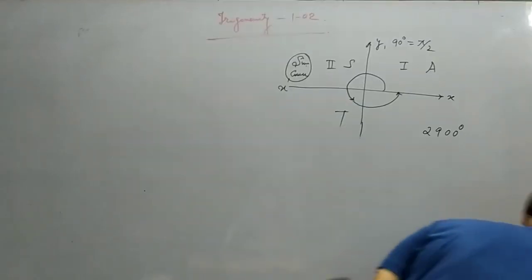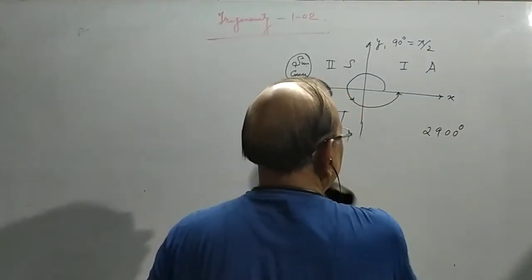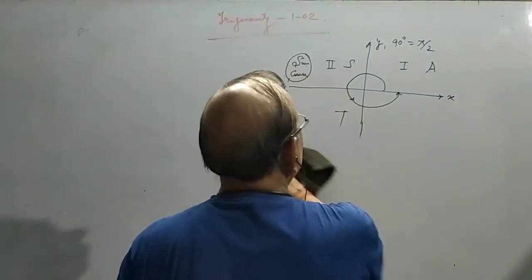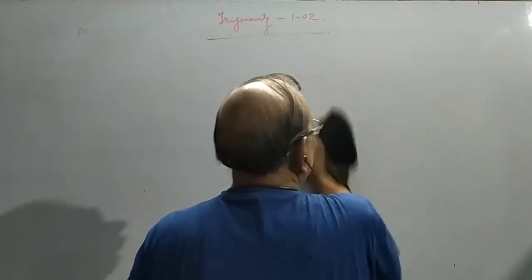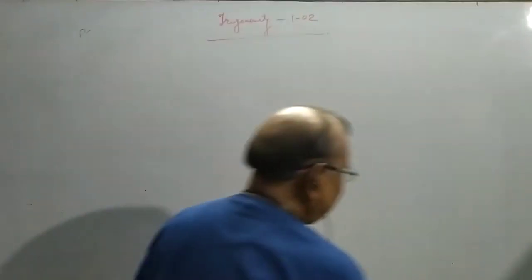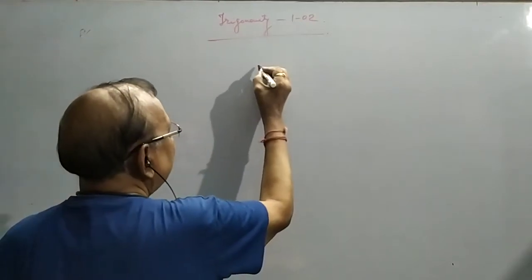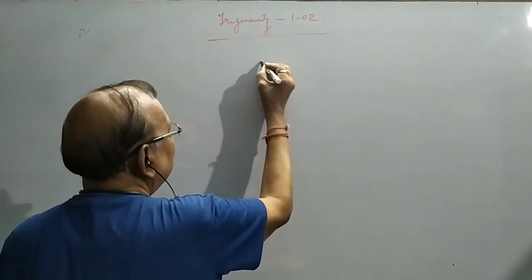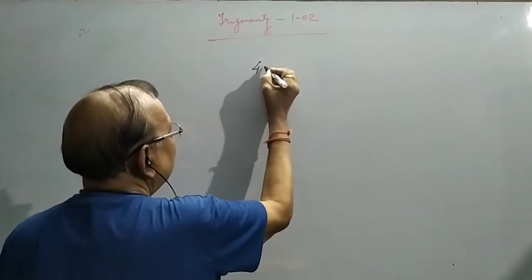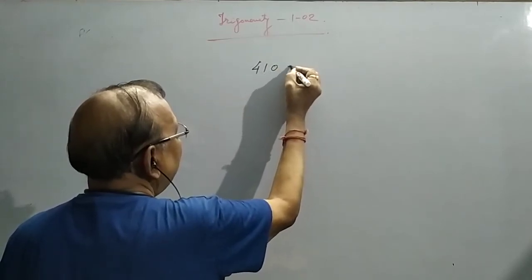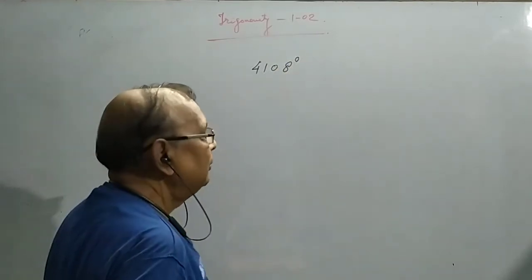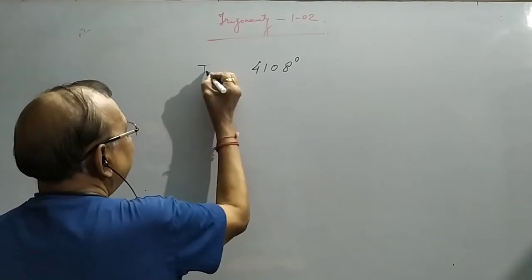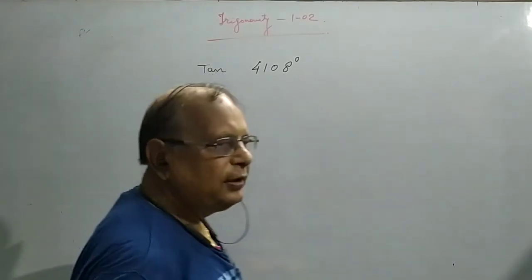Suppose I am interested to get any trigonometrical ratio for 4108 degree, for tangent, whether it is positive or negative.